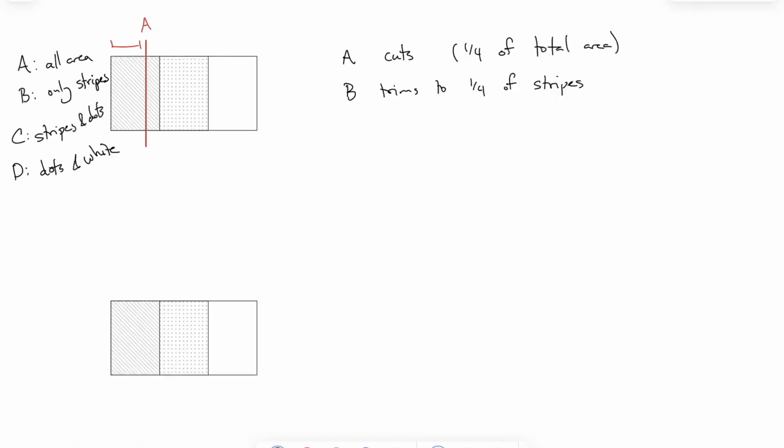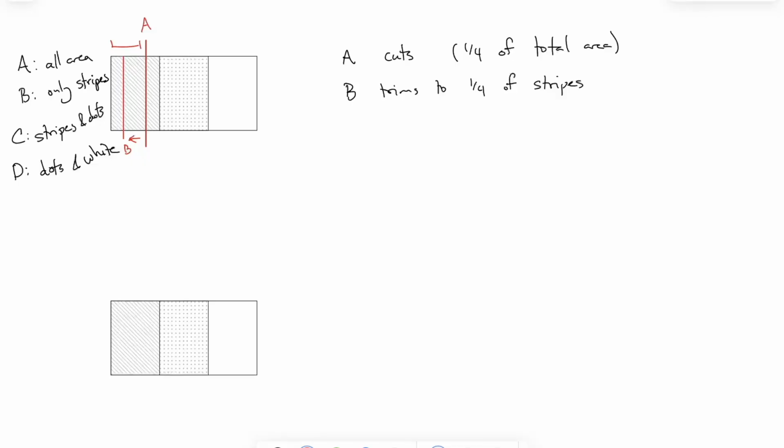It's further to the left, right? Quite a bit further to the left. 1/4 of the striped area, to me, maybe like around here somewhere, right? It's a fairly small piece after that happens. This represents 1/4 of the stripy area. That's the trim from B.